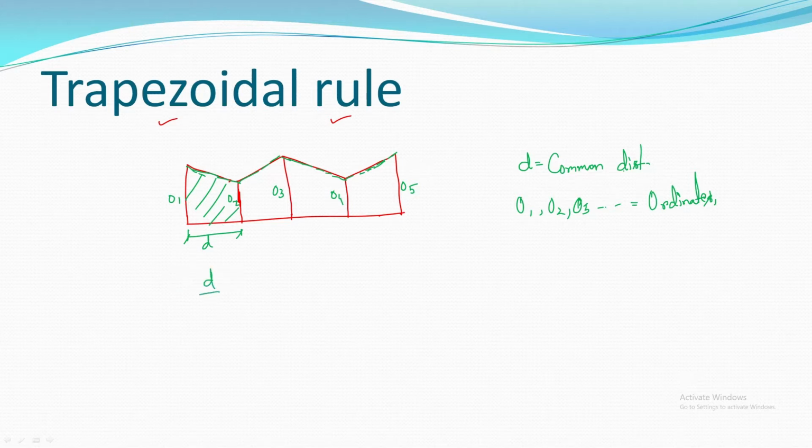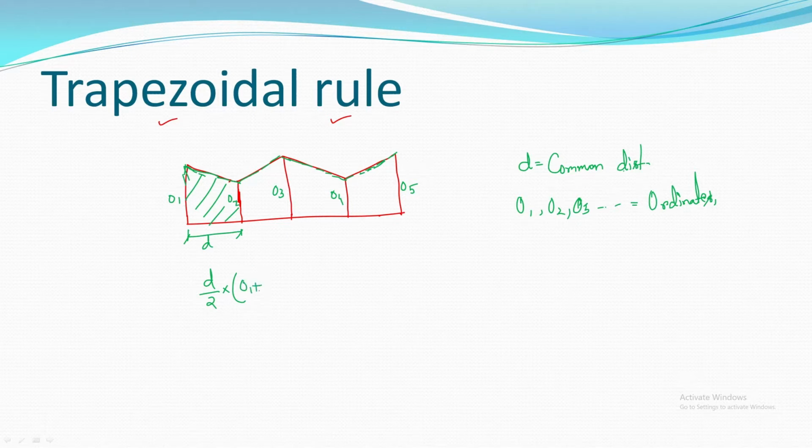That will be d by 2, because if you consider this one as a trapezium, this is the distance between two parallel lines and the parallel lines are O1 and O2. So d by 2, that means the distance between parallel lines by 2 into the summation of the parallel lines, that means O1 plus O2.